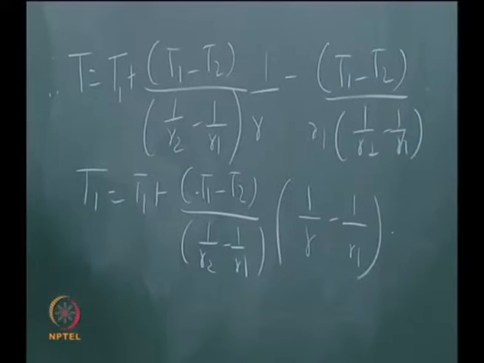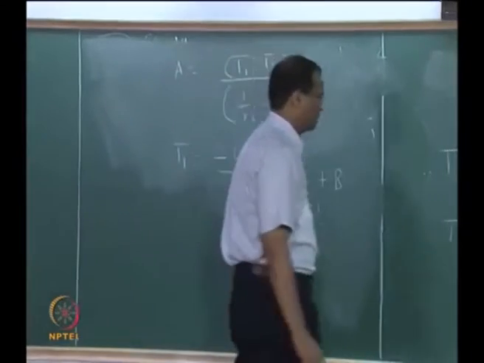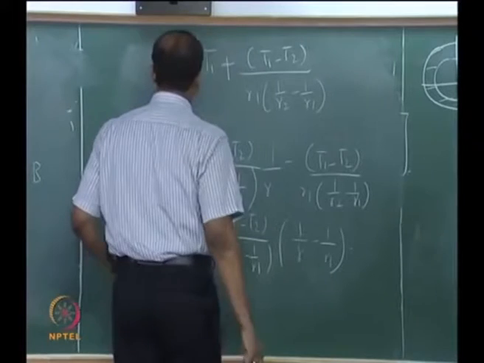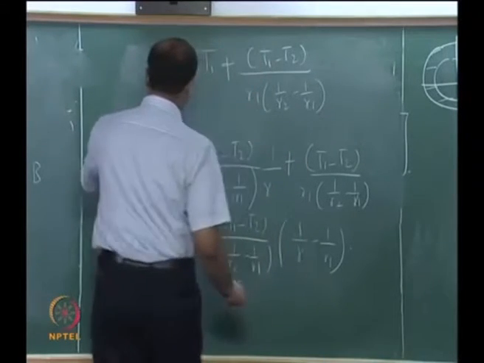So B will be T1 plus. That is minus. There is minus. This is minus. Why? Okay. Then B will be plus. Very good. So everything is plus. Then we are in trouble.